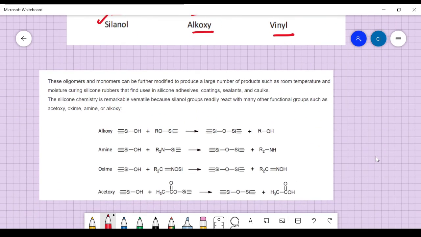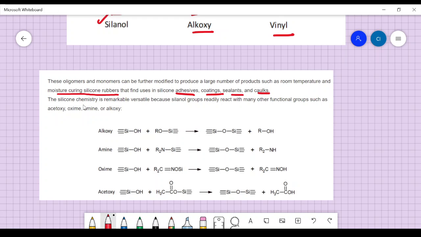And these oligomers and monomers can further be modified to produce a large number of products such as room temperature moisture curing silicone rubbers. Moisture is one of the great culprits for destroying many things, and in many electronic boxes you will have silicone balls. Like that, silicone adhesives, coatings, sealants, and caulks are used.